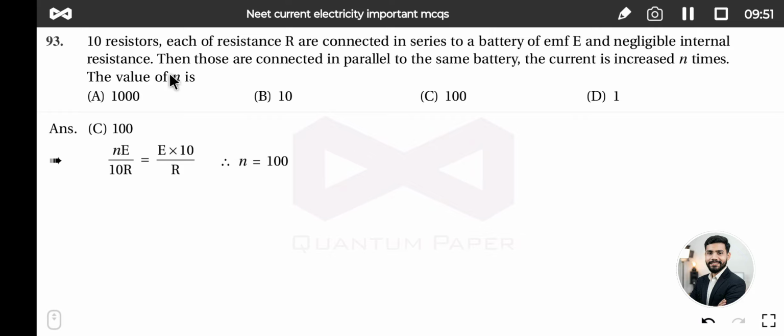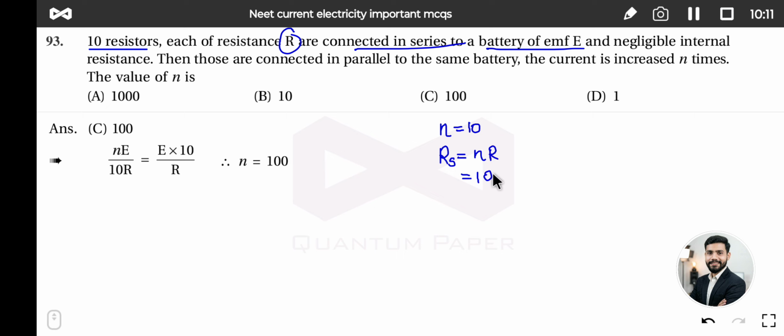Okay, this is a very interesting question. 10 resistors, each of resistance R, are connected in series to a battery of EMF E. So the number of resistances is 10 and they are connected in series. In series connection, what is the net resistance when identical resistances are there? It is n times r, so 10 times r is 10r.